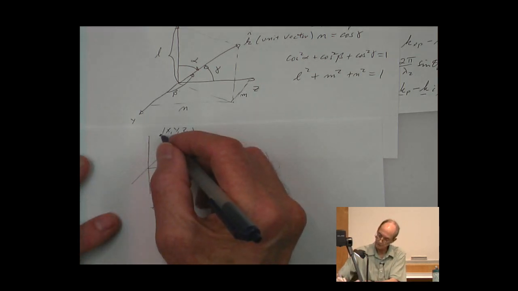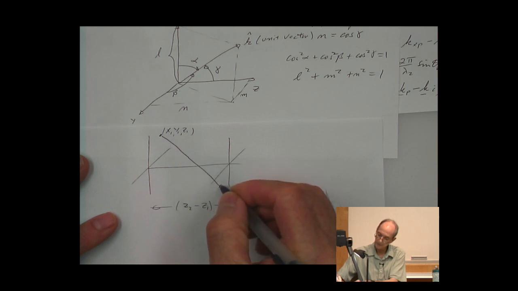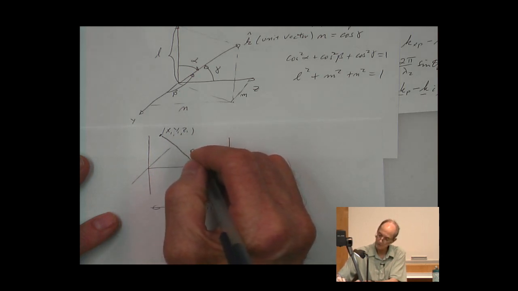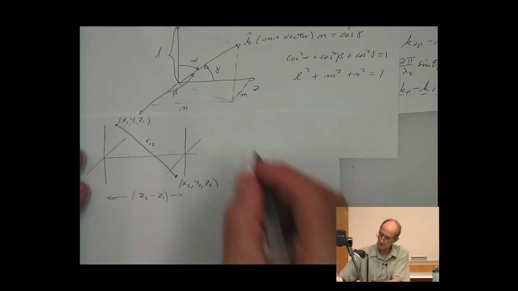We can get the direction cosine, and this is r12, in the following way.